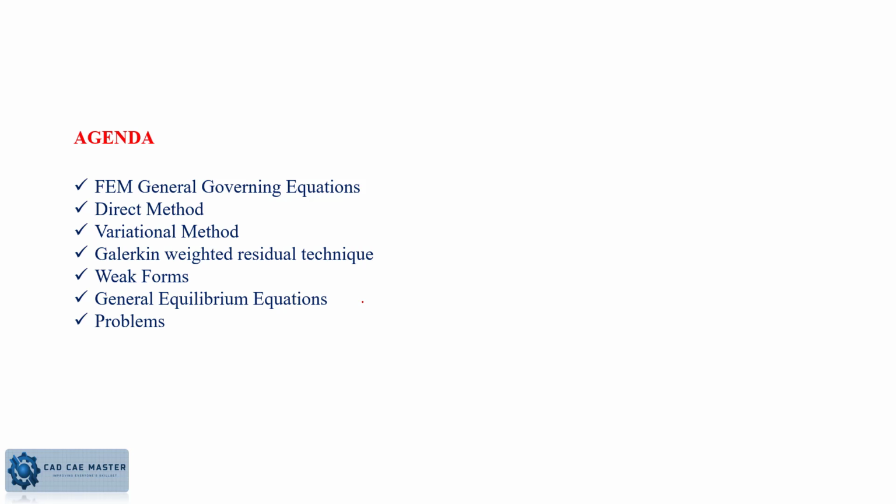And then we saw the weak forms, how they are helpful, and what they do exactly: at the back end, they provide the integrations to the weighted residual functions, simplify them, and give approximate results for the equations. And then we saw a problem and the general equilibrium equations.